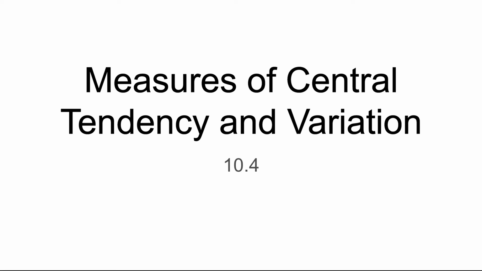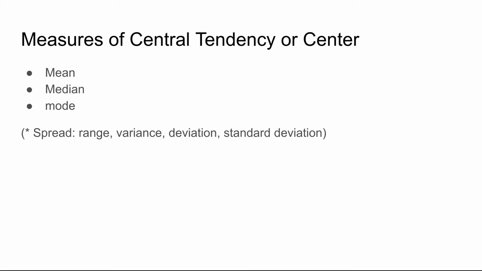This section is very lengthy. There are a lot of things that we have to talk about. It's not hard though. Okay, once you know the formula and understand what that means, you should be able to find the center or variation of the data set. So the first thing is the measures of central tendency or center.